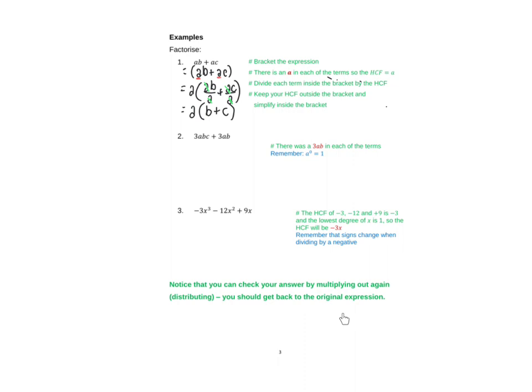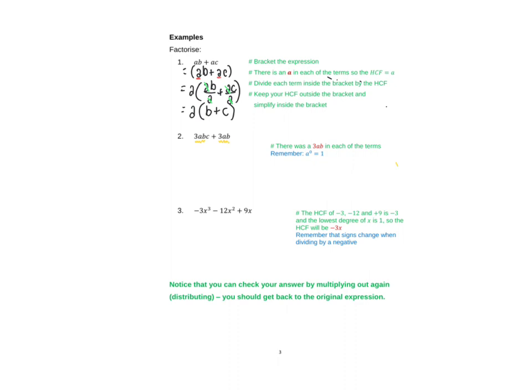Okay, so that's what I mentioned over here. And then number 2, we have 3ABC plus 3AB. And once again, it's relatively easy to see that the factors in common are 3 in each, there's an A in each, and there's a B in each term.